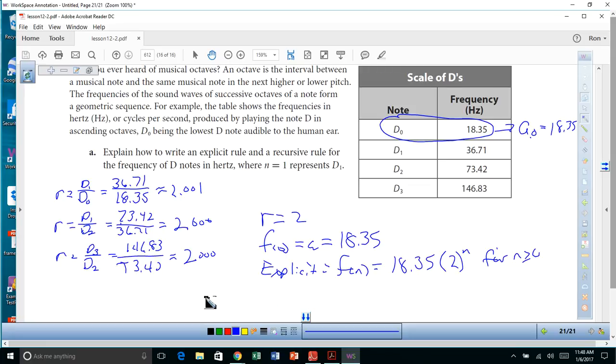Our recursive rule, that would be F of 0 equals 18.35, and then F of n would be 2 times F of n minus 1, provided n is greater than or equal to 1. Not too bad.